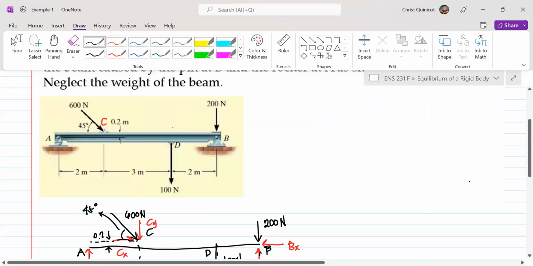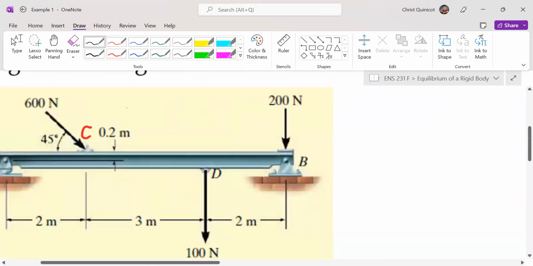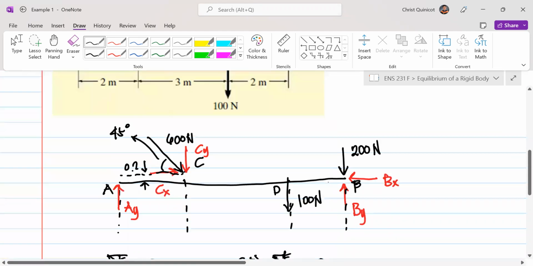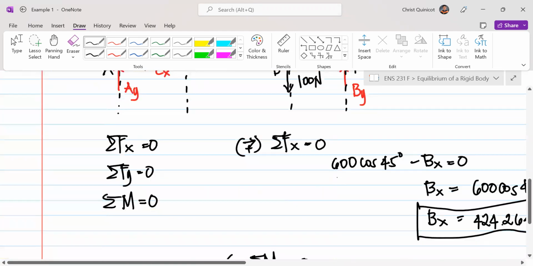Why? Because based on our structure, our 600 Newton is applied 0.2 meters from this line, and this line is the line that connects A to B, right? And lastly, our unknown, which is A sub Y.